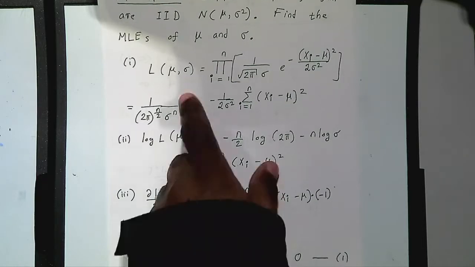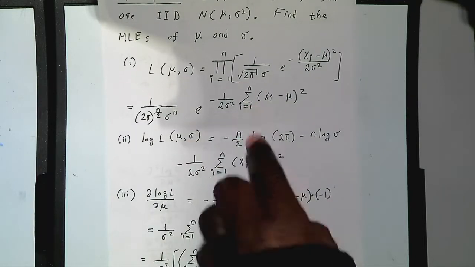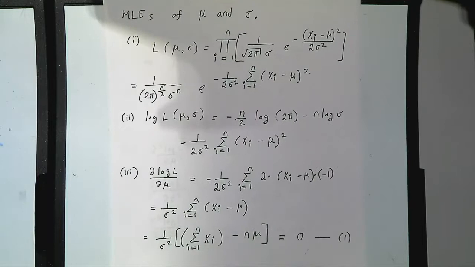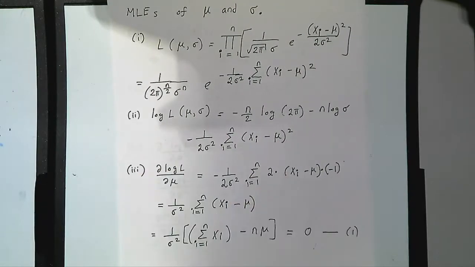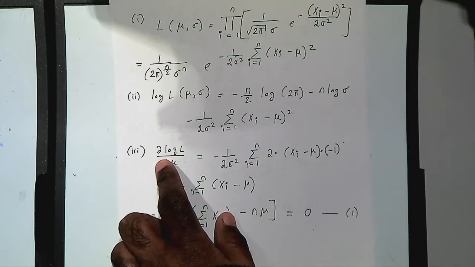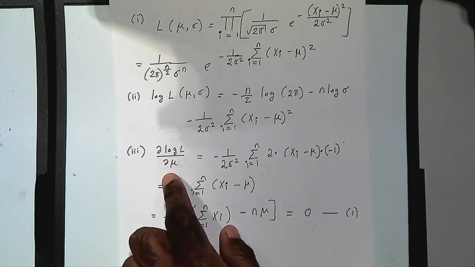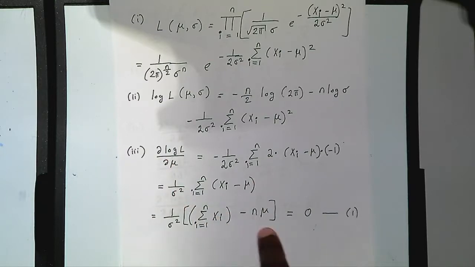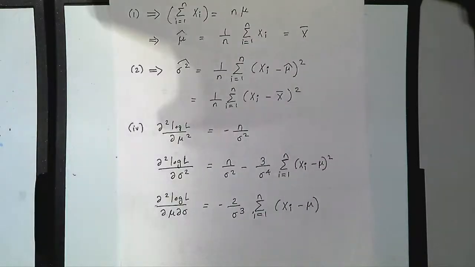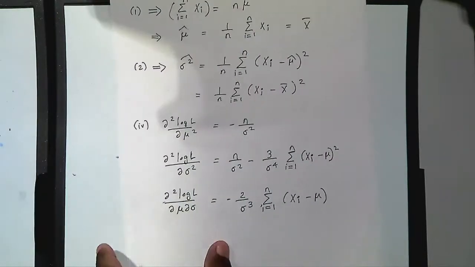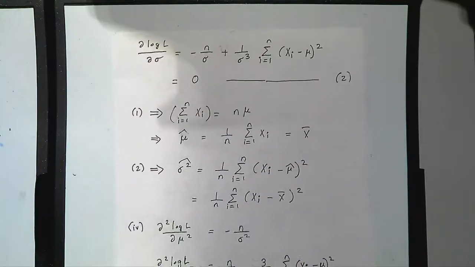So the first step was to write down the likelihood function. The second step is to take the log, which is this. And the third step is to find the partial derivative with respect to mu, which gives you this, and the partial derivative with respect to sigma, which gives you this.